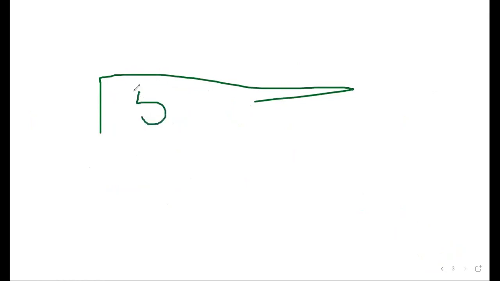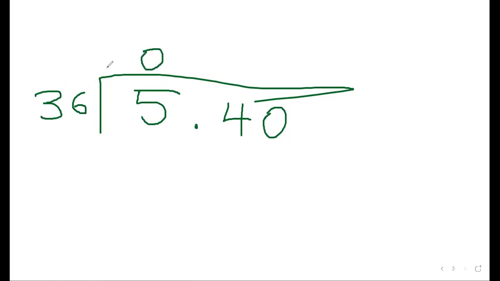Okay, year 6, I will give one more, and I hope you understood. Last one. So simple one. Divide 5.40 divided by 36. So 5 divided by 36 is 0.